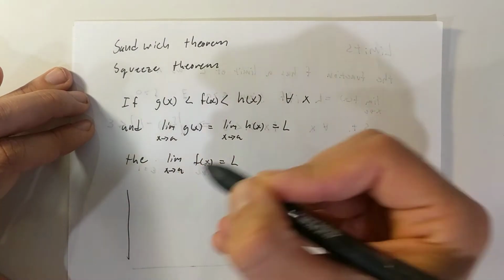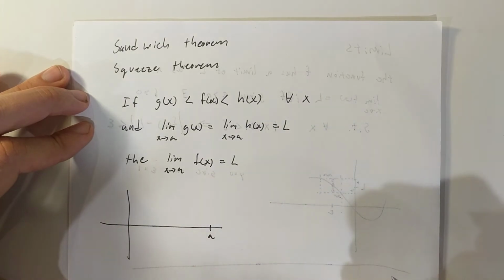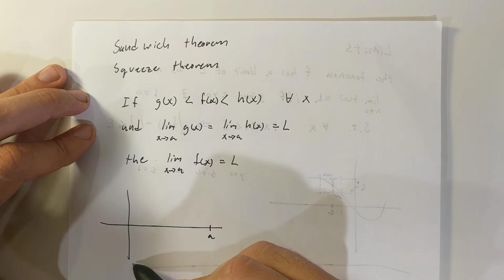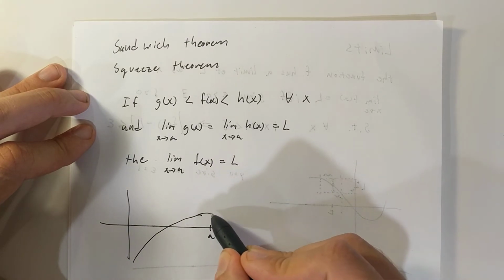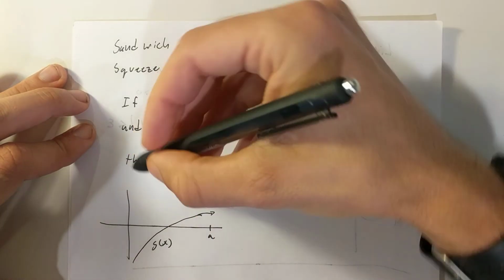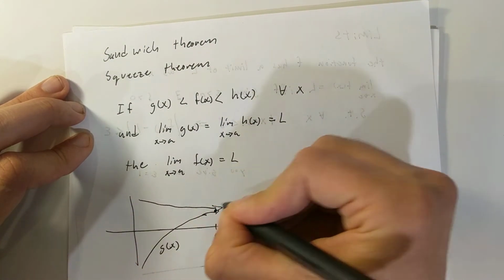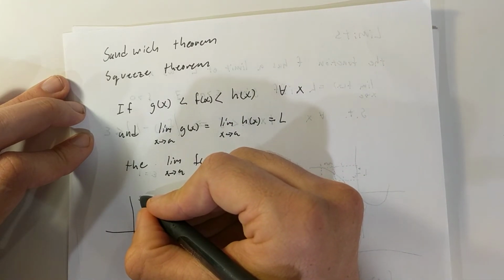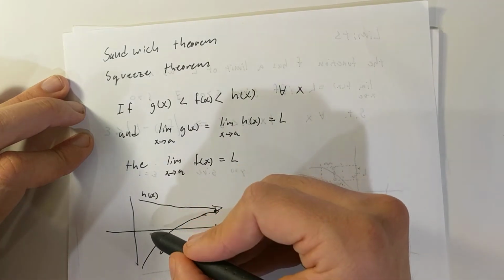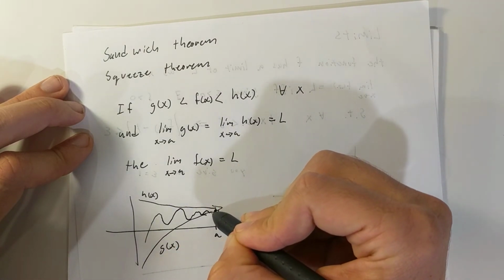Graphically, what does this mean? Let's say here's A. Let's say this right here is g of x, and this right here is h of x, and we know that f, although we don't know what it does in the middle, resides in the middle.